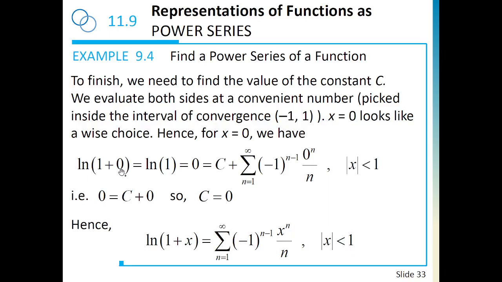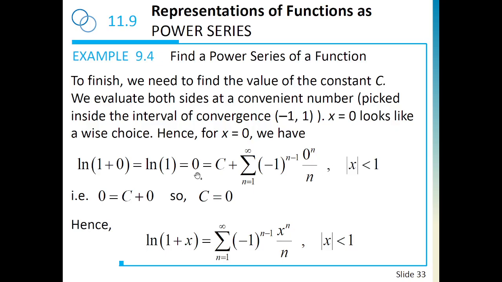So that's what we do. ln(1 + 0). Okay, so ln 1 is 0. On the right side we have c plus, here instead of x we put 0, so basically we have 0 to power n, starting from 1. So this will be 0 plus 0 plus 0 plus 0 plus 0. So I have a summation of zeros, which is 0.